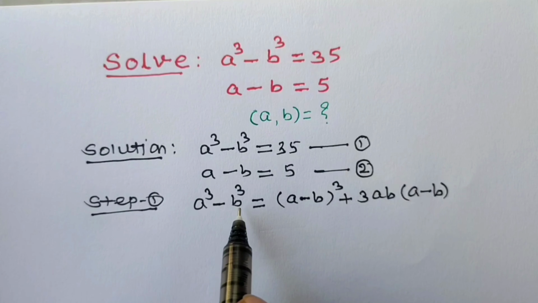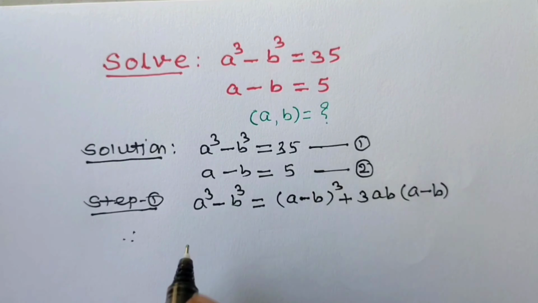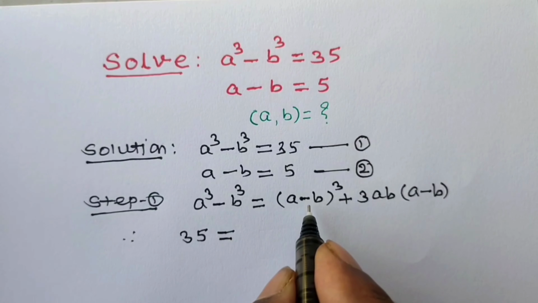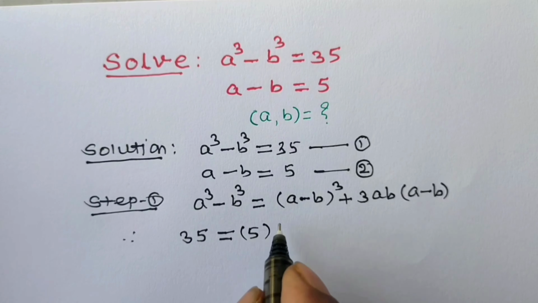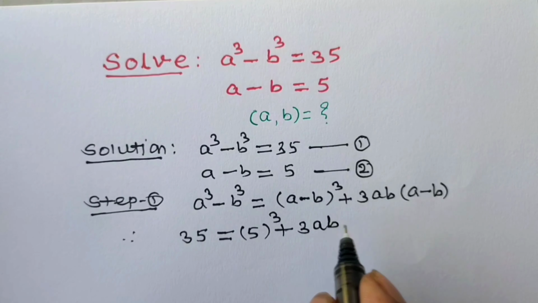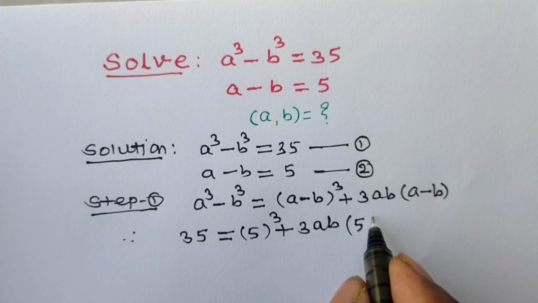Put 1 and 2 in this equation. Hence, a cube minus b cube is replaced by 35 is equal to a minus b is replaced by 5, its cube plus 3ab into bracket a minus b, which is replaced by 5.